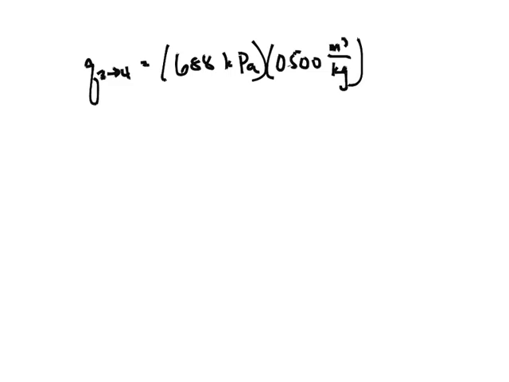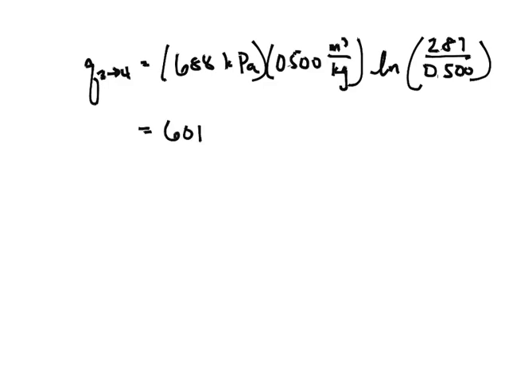So it equals, again, this was our integrated work expression. Oh, excuse me. It's going to be our pressure, 688 kPa, times our specific volume, 0.500 meters cubed per kilogram, times ln of 2.87 meters cubed per kilogram over 0.500 meters cubed per kilogram.